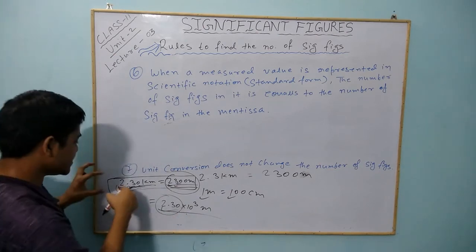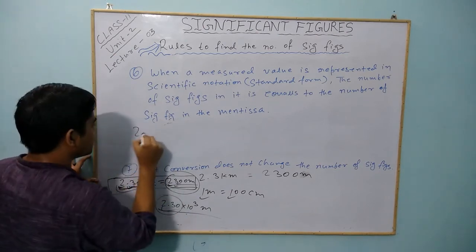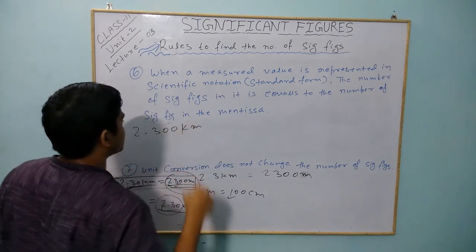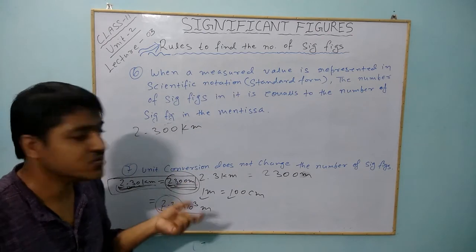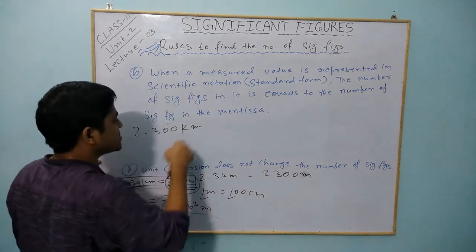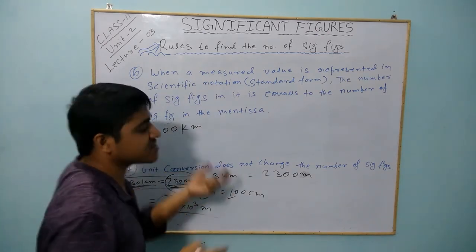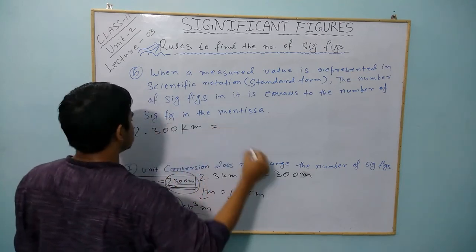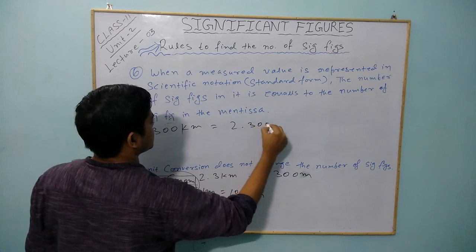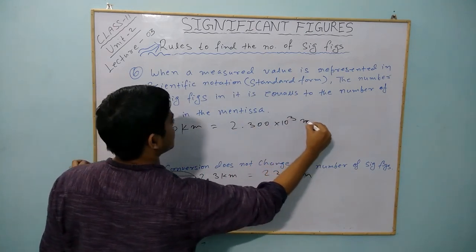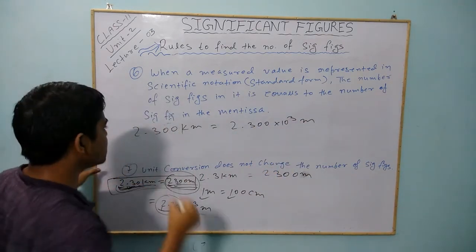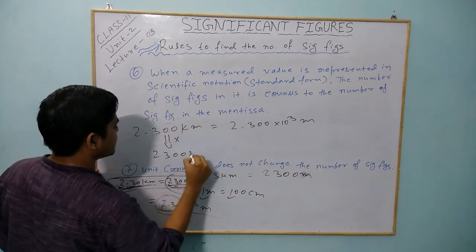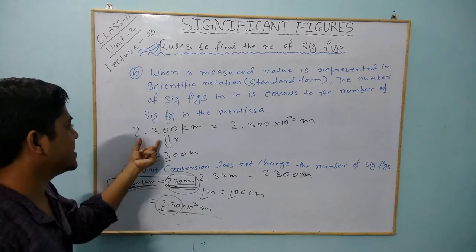Now if, instead of 2.30 kilometers, you wish to convert 2.300 kilometers into meters, here the number of sig figs is 4. So ensure that even after conversion of unit, the number of significant figures does not change. So we will write it as 2.300 × 10^3 meters. Here we won't write it as 2300 meters because there the number of sig figs is 2 and here it is 4.